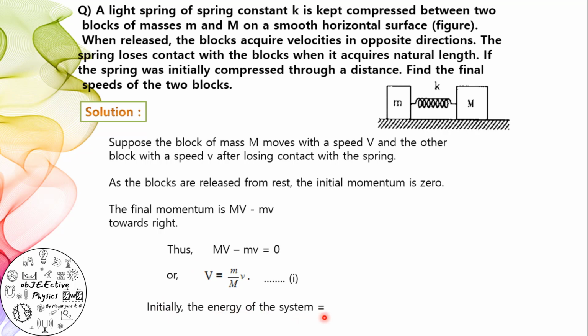Initially, the energy of the system is equal to 1 by 2 into kx square. This is the work done required to compress the spring, of kx square.